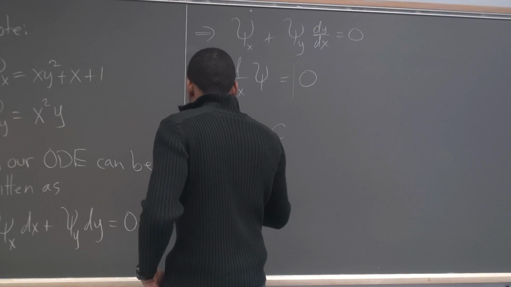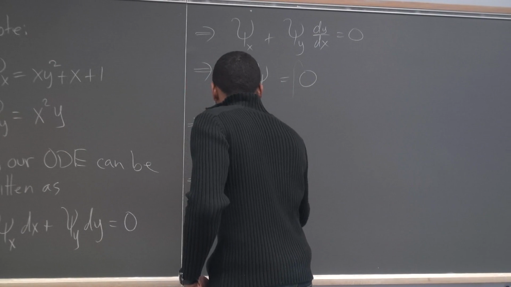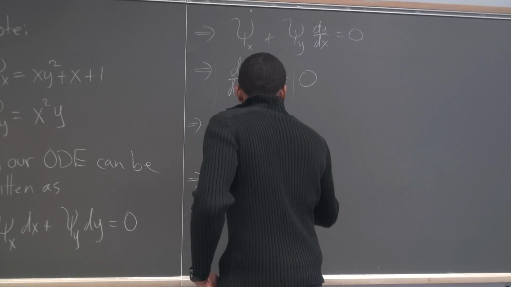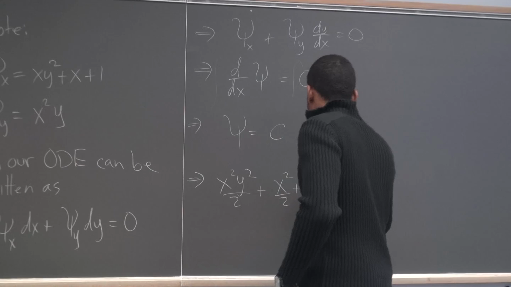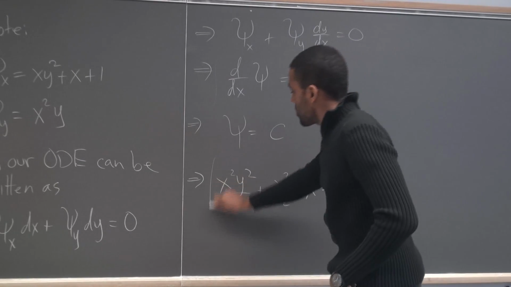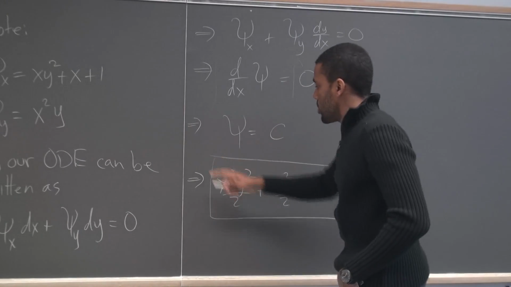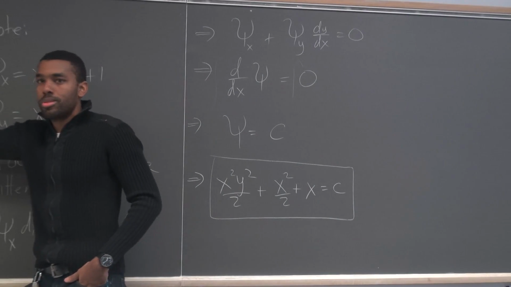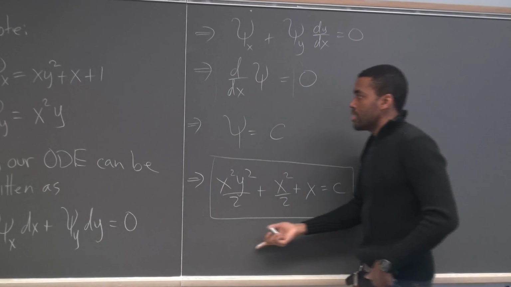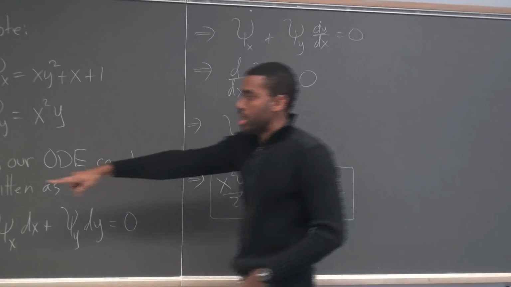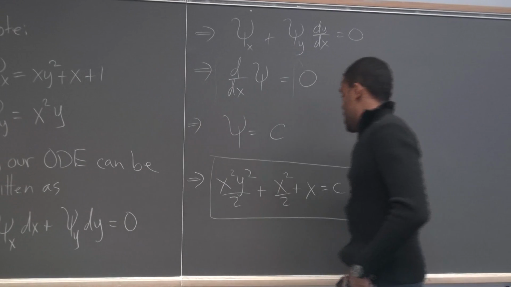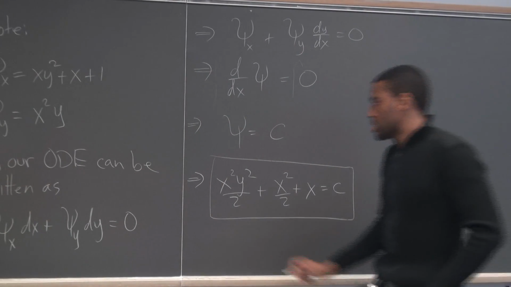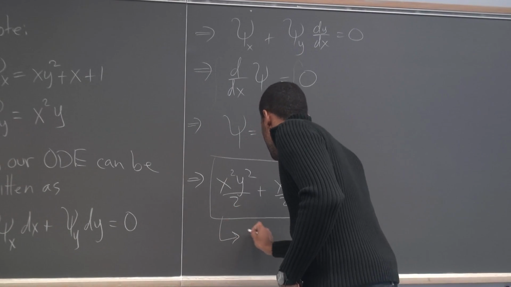In other words, we have x squared y squared over 2 plus x squared over 2 plus x equals some constant. Now it turns out, if this relationship is true, then this relationship will be true, because I just showed you it is. It's just undoing the chain rule to get back to here. And so this is actually a solution to the ODE.